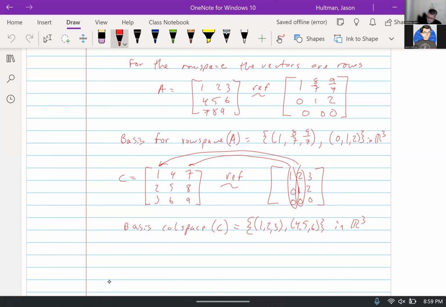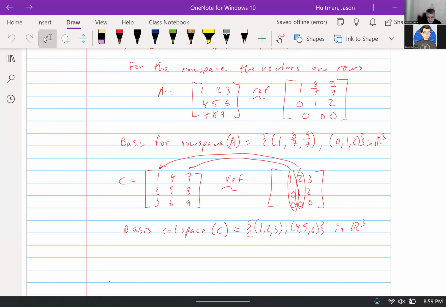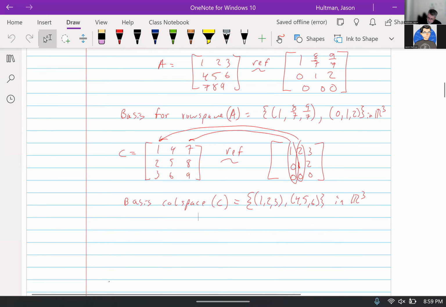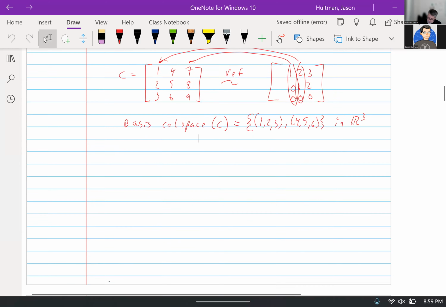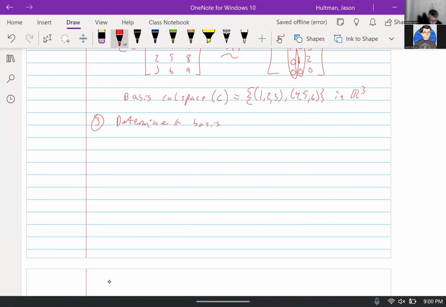So let's do one again where they don't give us the vectors. They actually give us a matrix. Let's do one last one here. Number 3. Determine a basis for the row space of A and a basis for the column space of A. And so what is matrix A?